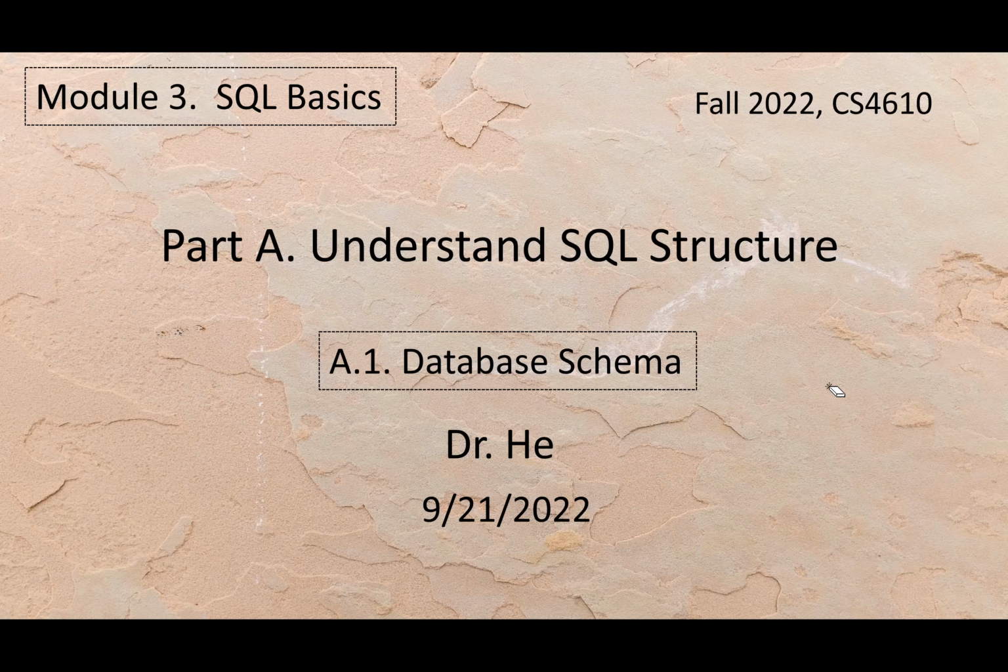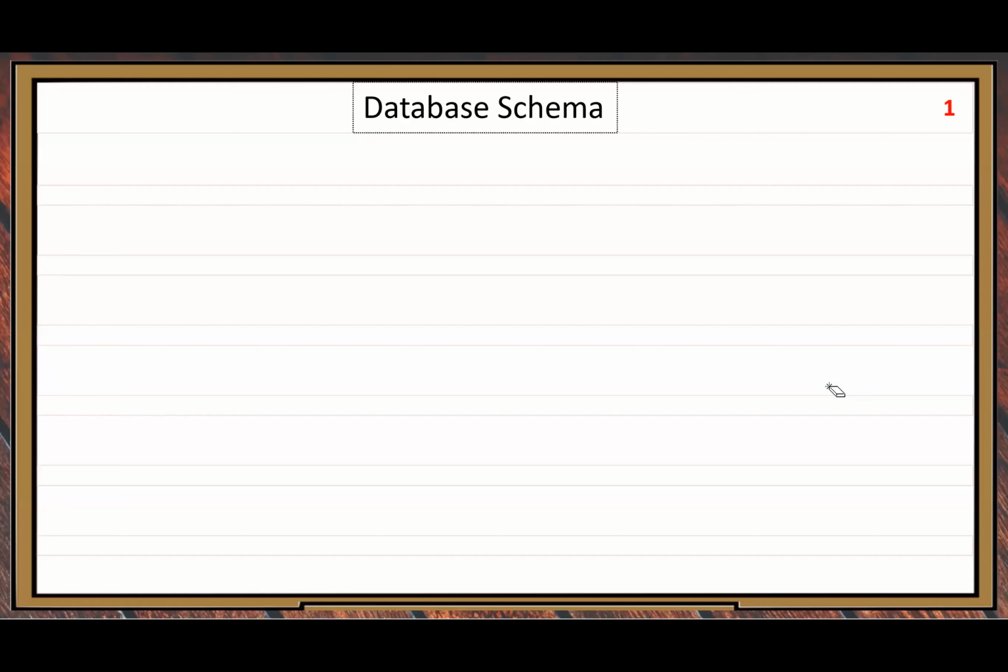Let's start. Our first topic, database schema. A very basic concept: first, a description of a database. Database schema, so later you will know, is just the database script. Here, because after some time, you may get confused.